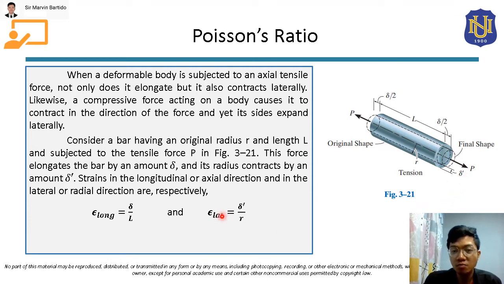The strain will be equal to the change in the radius, which is described here as delta prime. That's the original radius minus the deformed radius over the original radius. So that's how we solve for the strain in the longitudinal and lateral directions of this bar.